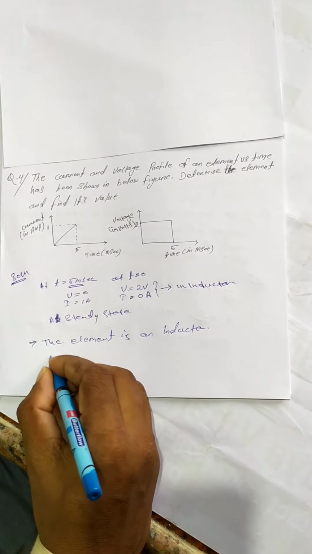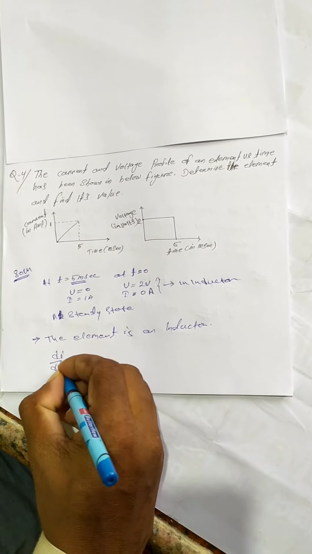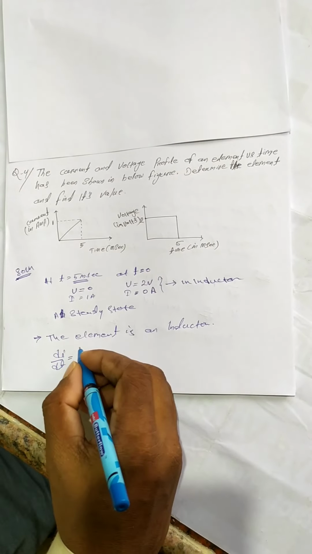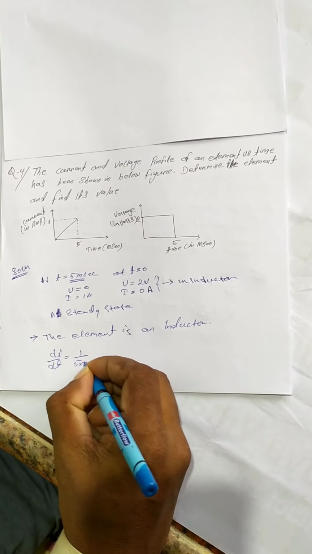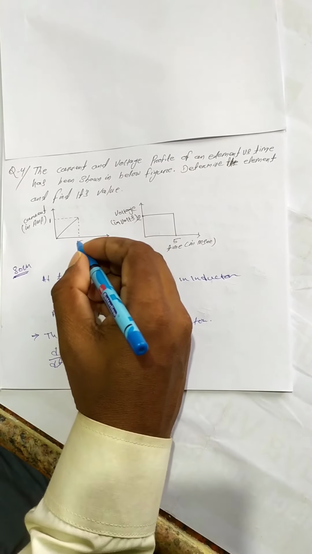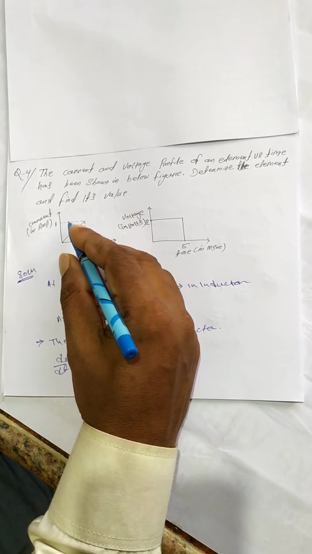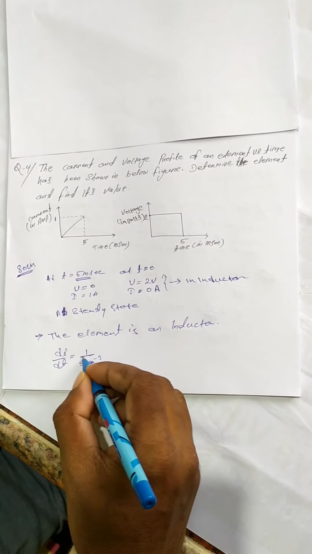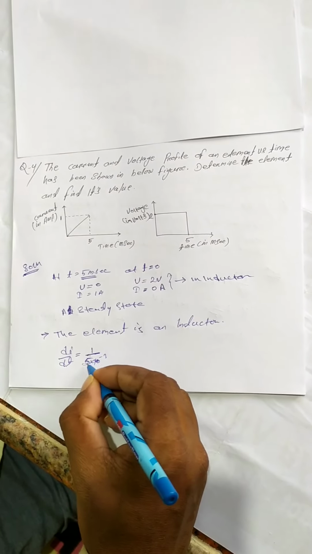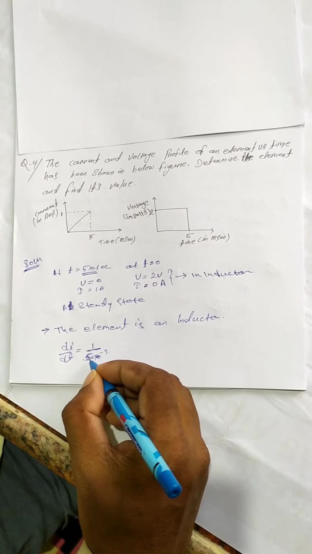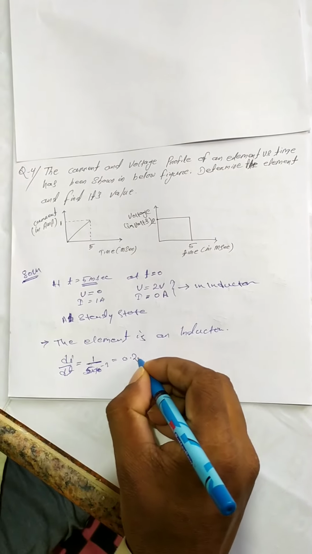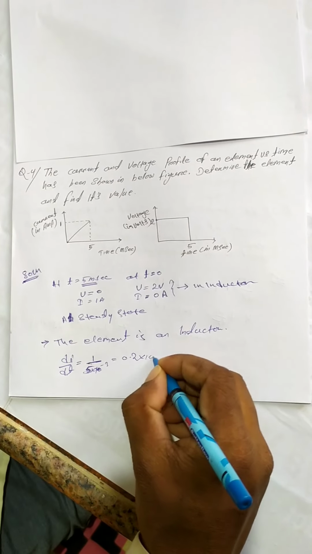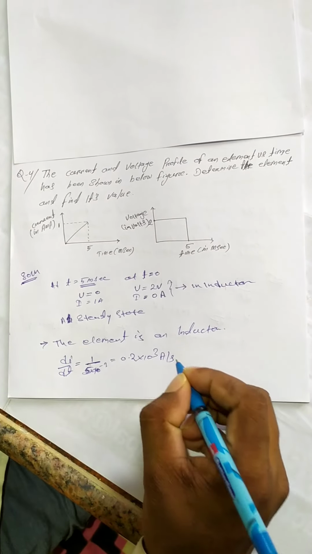From this, di by dt. At 5 millisecond, 5 into 10 to the power minus 3, current is 1 ampere. So change in current with respect to time, I can write 1 by 5 millisecond, which is equal to 0.2 into 10 to the power 3 ampere per second.